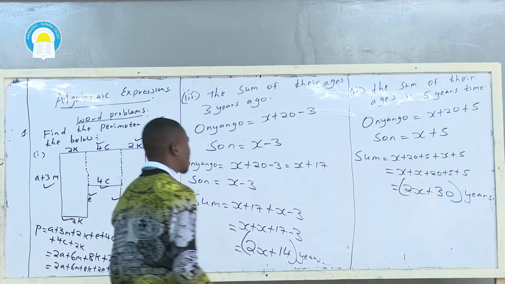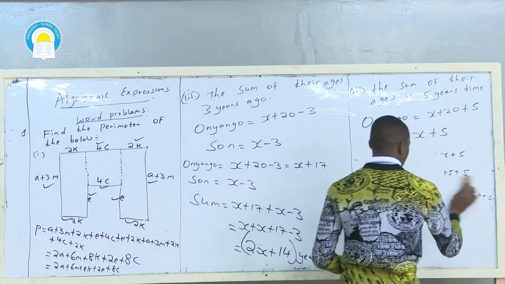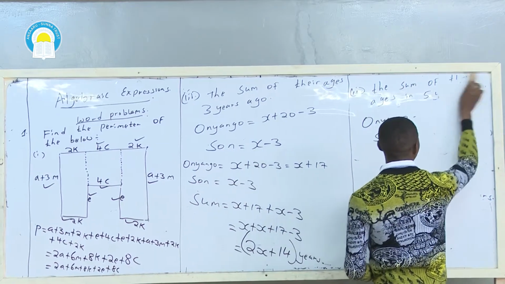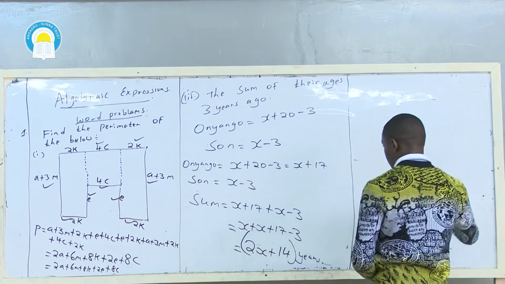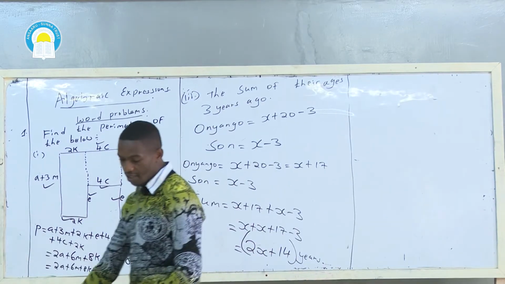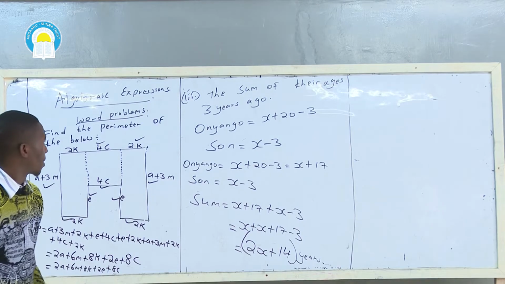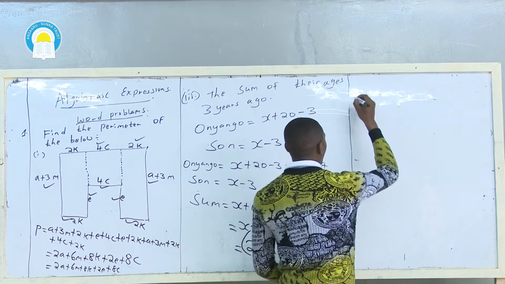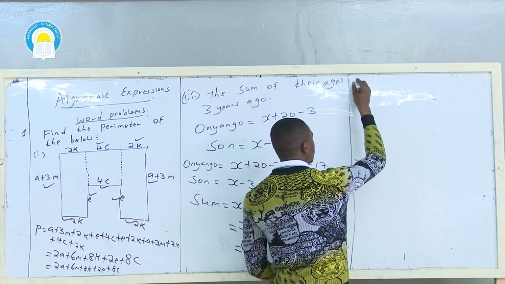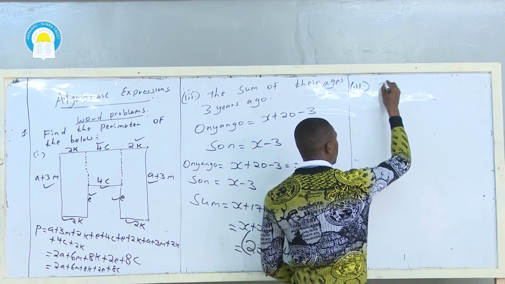When you go to the last part of the question, you are asked the product of their ages 3 years ago. So I'll write the product.